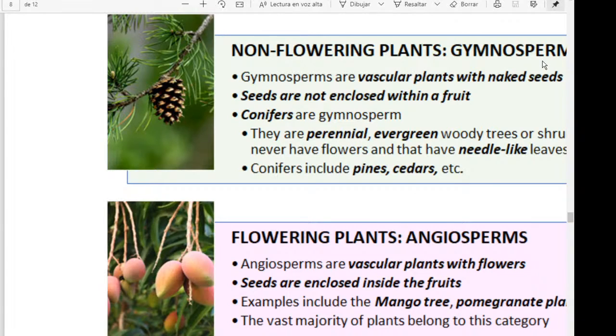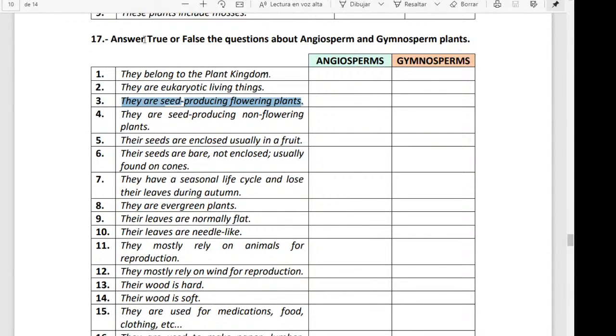Gymnosperms are non-flowering plants. You have seeds, but you have no fruits. With that in mind, they are seed-producing flowering plants, so with flowers. So in this case, it is angiosperms.